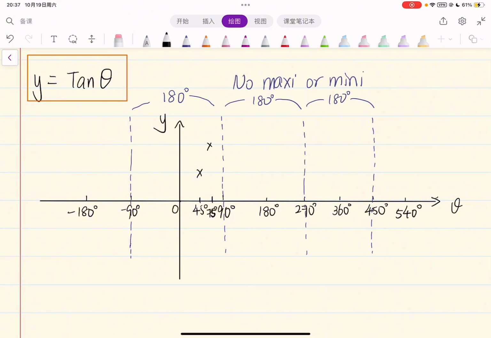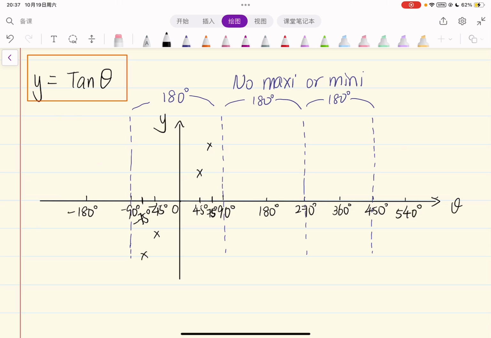Now, if you type minus 45 degrees, the tangent of minus 45 is negative. If you type minus 75 degrees, the tangent of minus 75 is less than tangent of minus 45 degrees.